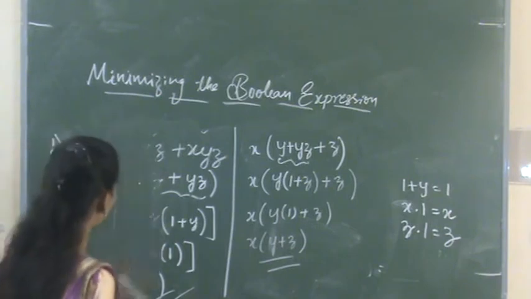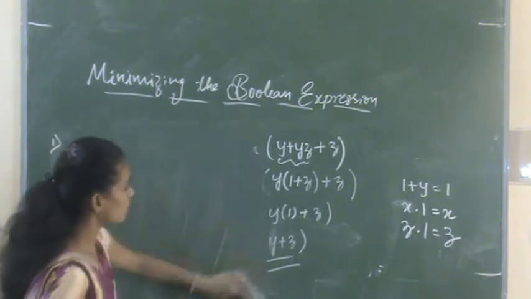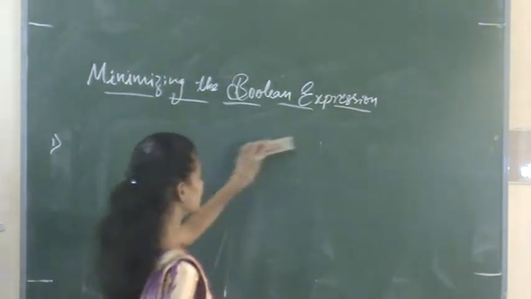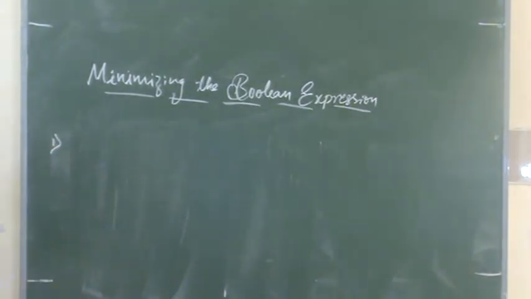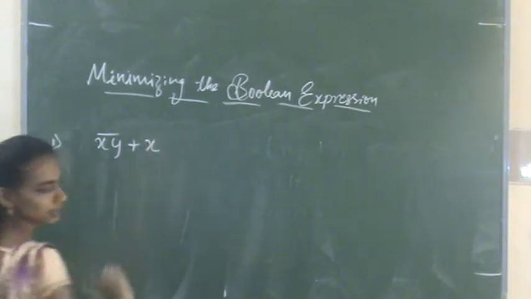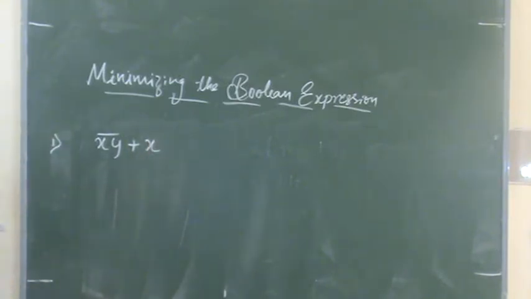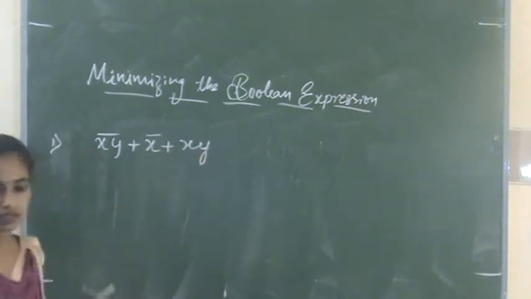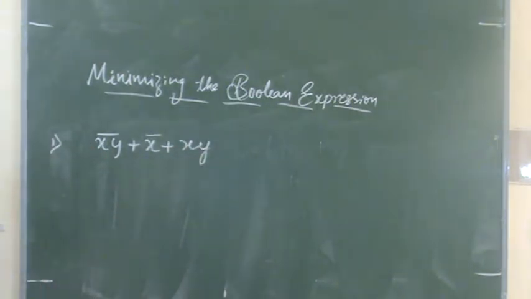So I will take one more example of how to minimize or reduce a Boolean expression. Okay. So now I am taking xy whole bar plus x bar plus xy. So this is the expression I am taking.